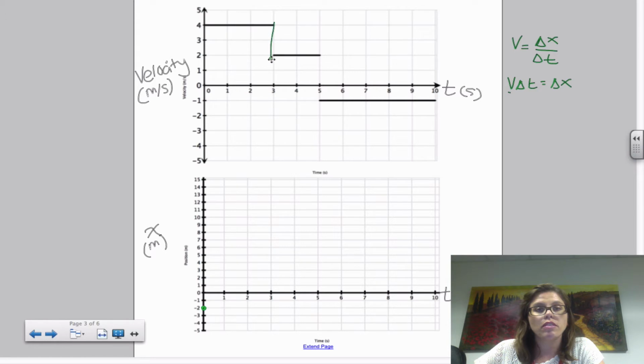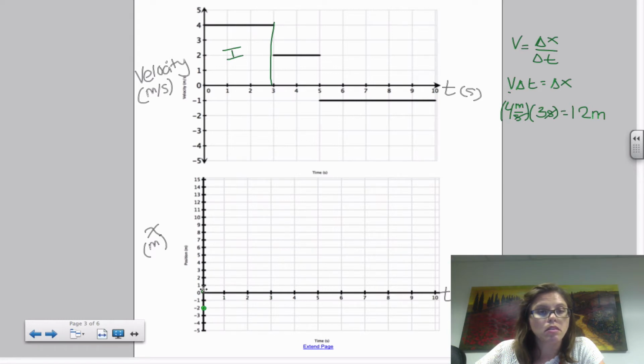So for the first 3 seconds, we'll call this part 1, our velocity is 4 meters per second, and our change in time is 3 seconds. So our displacement is 12 meters, the seconds cancel out. Okay, so if we start at -2 and we're going to go 12 meters in 3 seconds, that means we'll end up at 10.